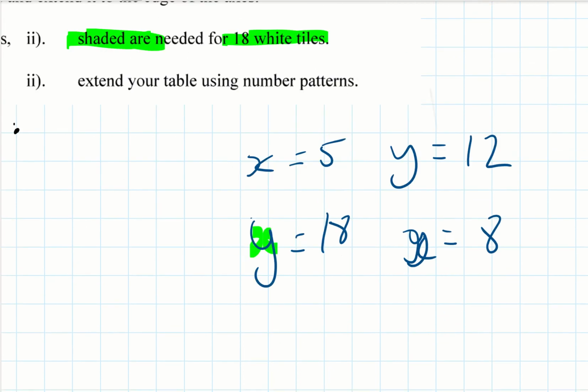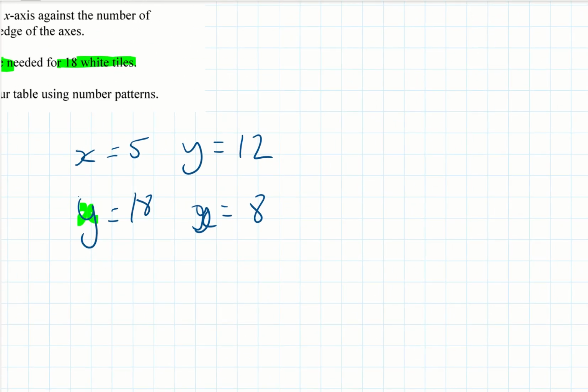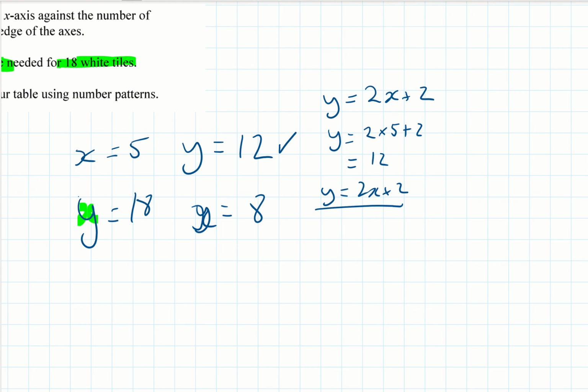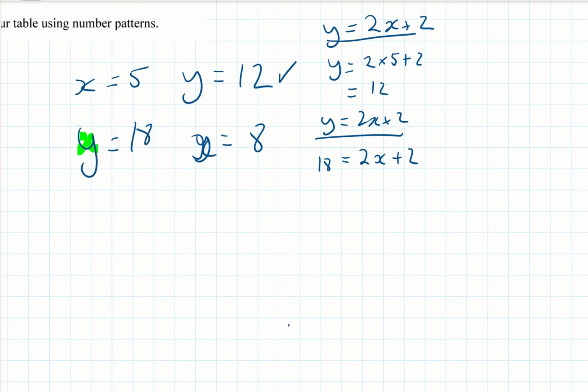So there's my rule. Let's check it out with what we found here. We've got y equals 2x plus 2. So when x is equal to 5, I go 2 times 5 plus 2. I might put my equals underneath each other like this. 2 times 5 is 10, plus 2 is 12. Yay. What about this one, when y equals 2x plus 2 is my rule and I've put y equals 18? So I'm going to go 18 equals 2 times something plus 2. And this is stuff that we've done before.